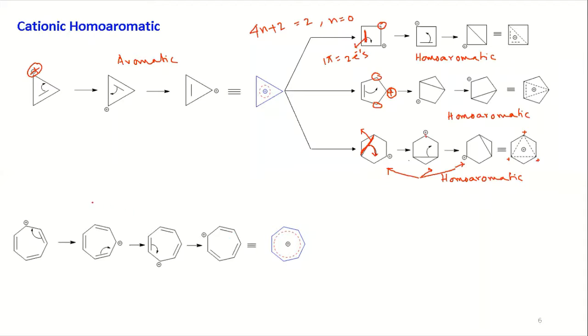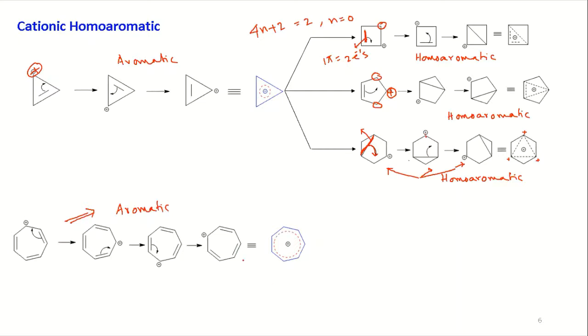Now, another cationic structure which we came to know is also aromatic is the 7-membered ring having 3 pi bonds with a cation. We call it the tropylium cation or cycloheptatrienyl cation. This one is also aromatic.